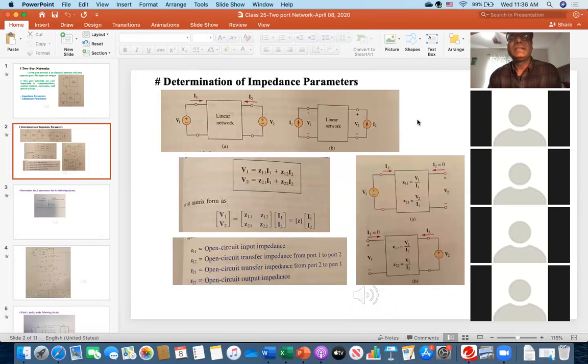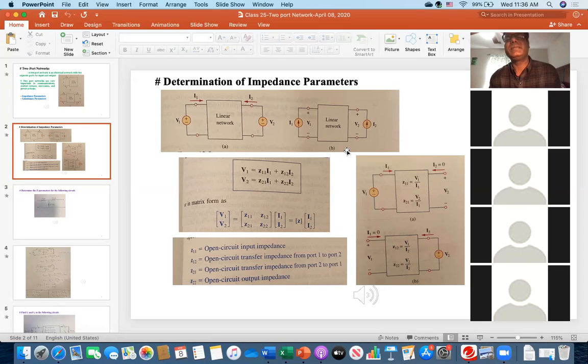Here I have written determination of impedance parameters. In the top figure, the left side figure A, it's a linear network, and I have shown a voltage source V1 and current I1 entering the network. On the right side port, there is a voltage source V2 and I2 current is entering.